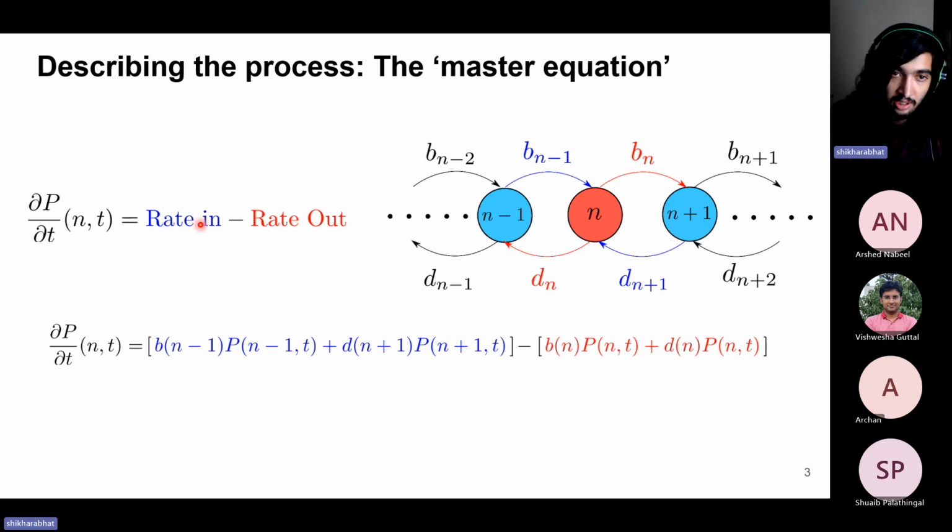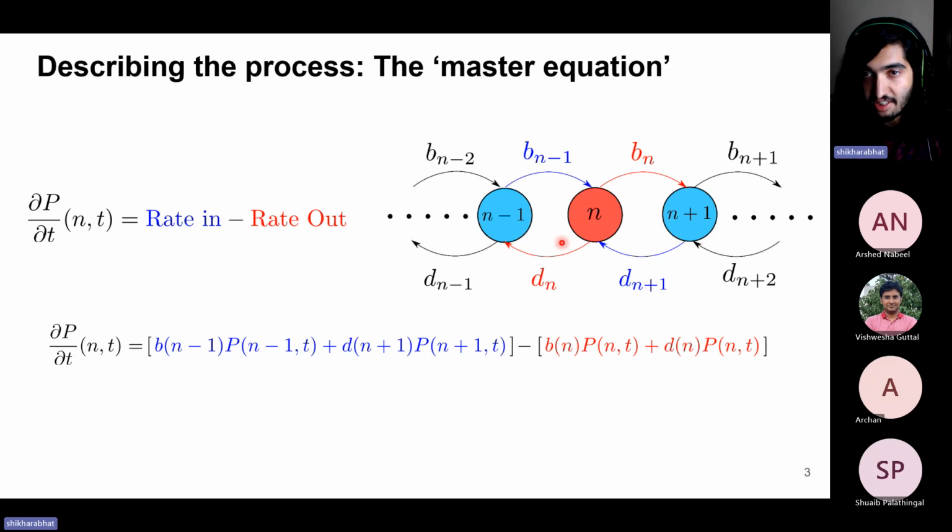So for inflow, we have from the state n minus 1, you can go to the state n at rate b of n minus 1, and the probability of finding this state is p of n minus 1 comma t. And similarly, you can also flow in from the state n plus 1 through the death of an individual. This is parameterized by d of n plus 1 times the probability of finding this state, which is p of n plus 1 t. We can also calculate the outflow.